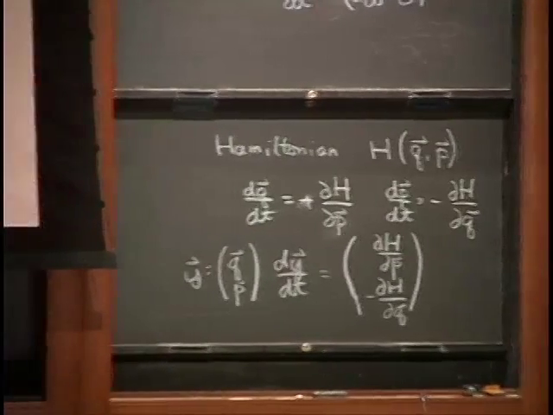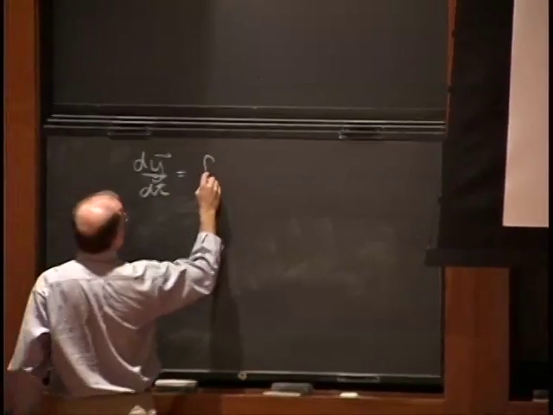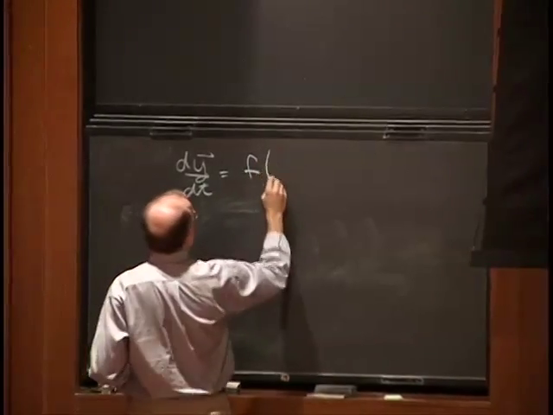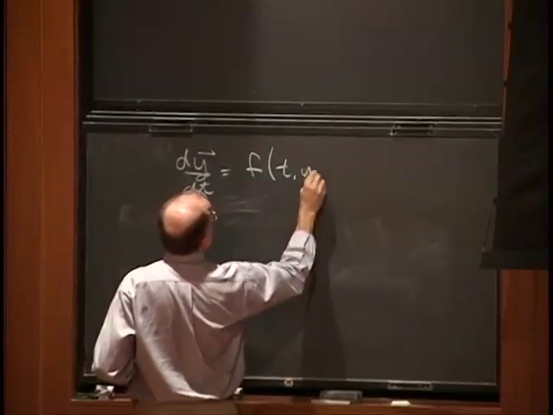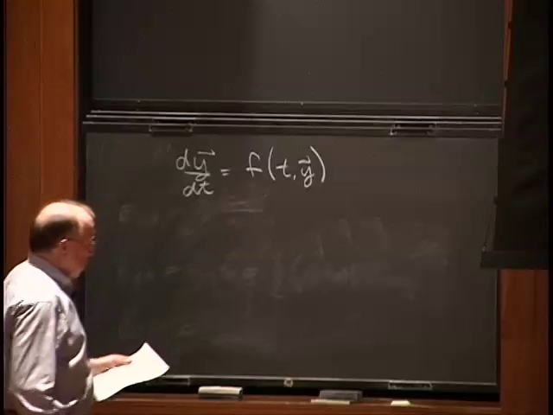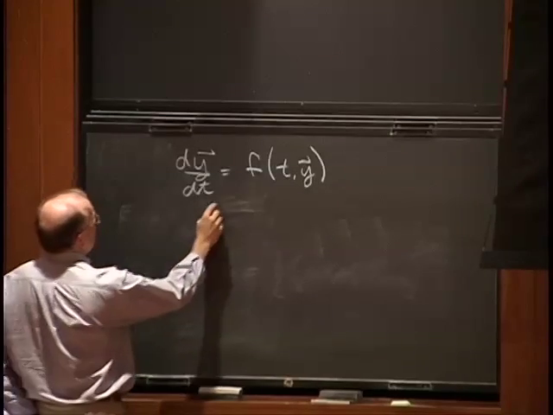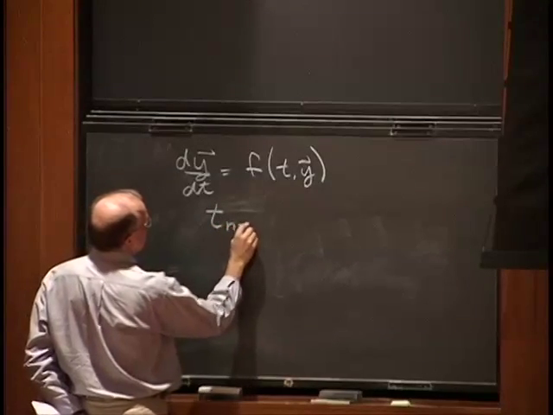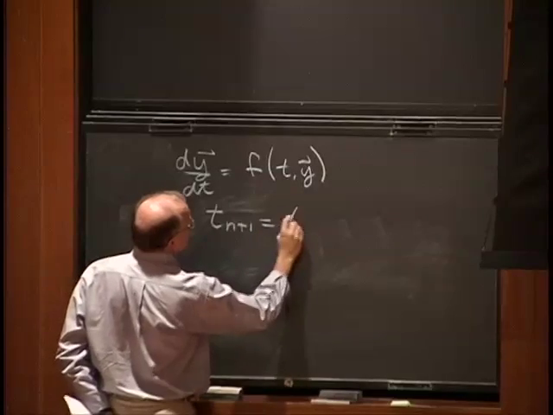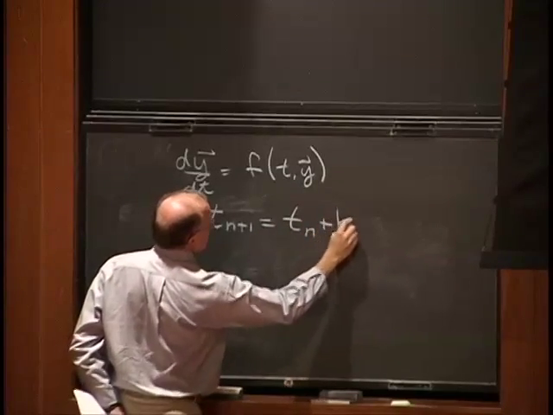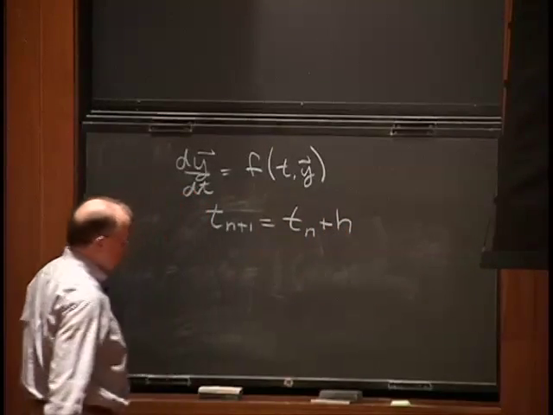What we're trying to do is find a numerical approximation to these equations, which again I'll write as dy/dt is some function of the time and the position. You're going to try to pick some finite time step to go from time n to time n plus 1 with some time step h.